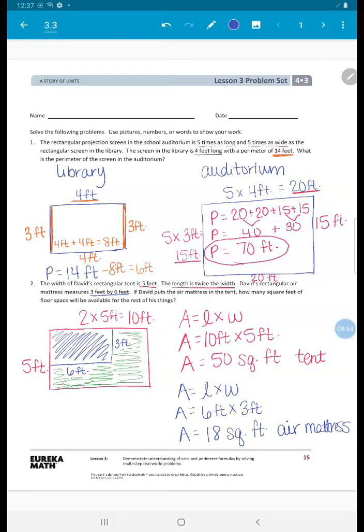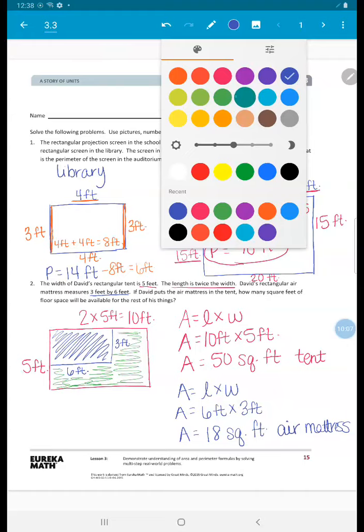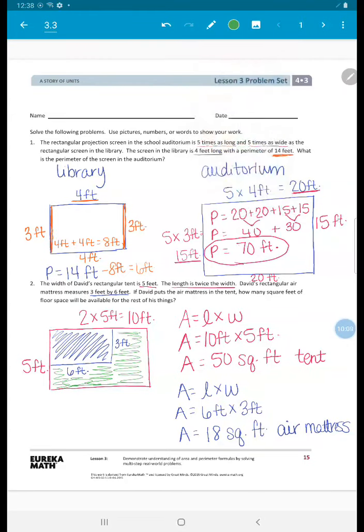All right, so now what? We know the area of the whole tent. We know what's taken up by the air mattress. So now I'm going to have to subtract to figure out the amount of space that we have left.